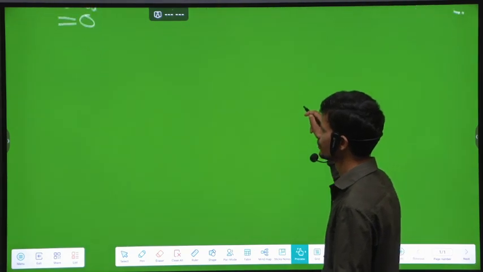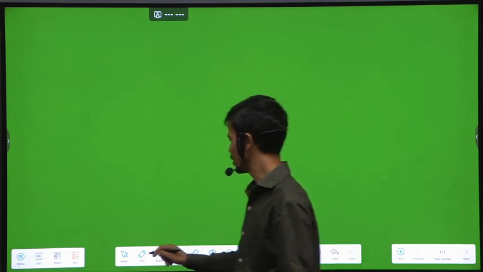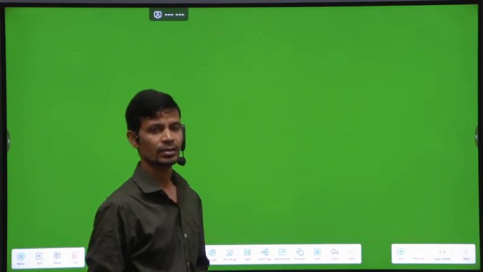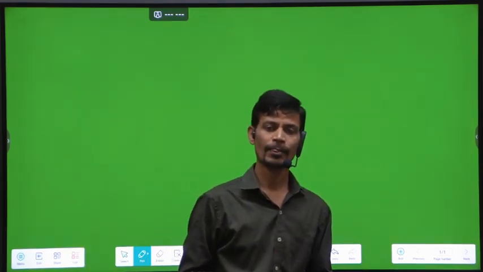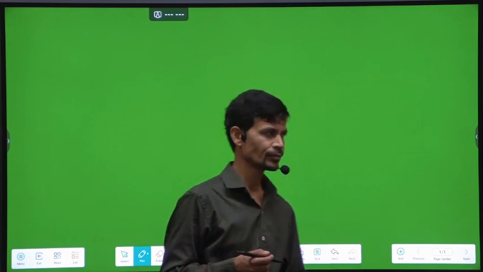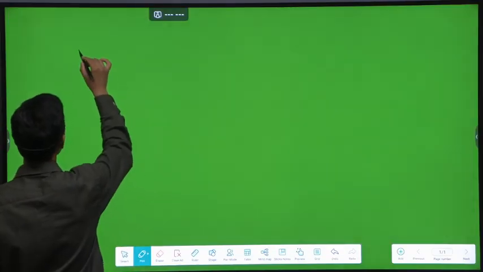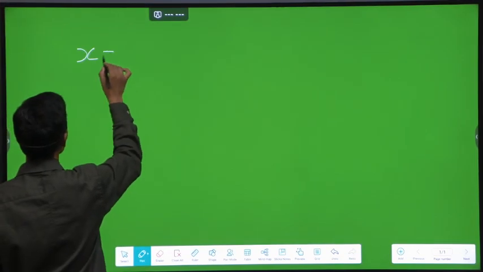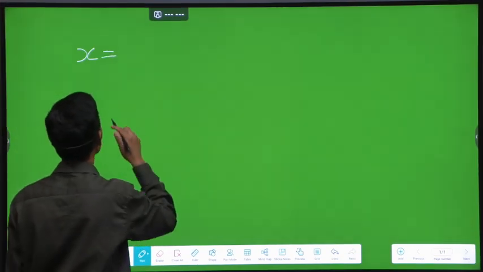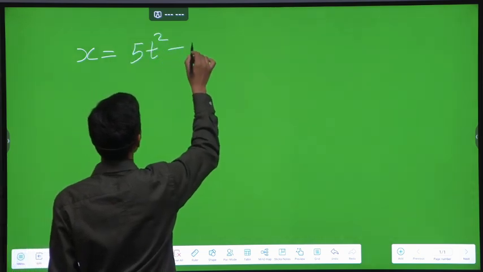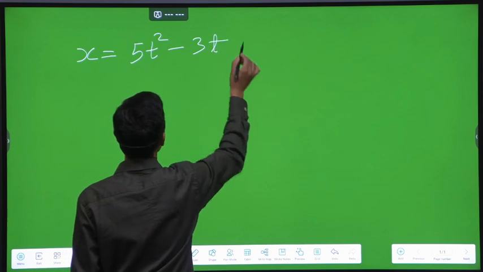So I'm taking a question on the basis of the topic of average velocity. Let us suppose there is a relation x equal to 5t square minus 3t.